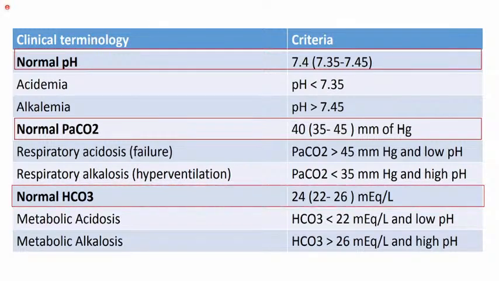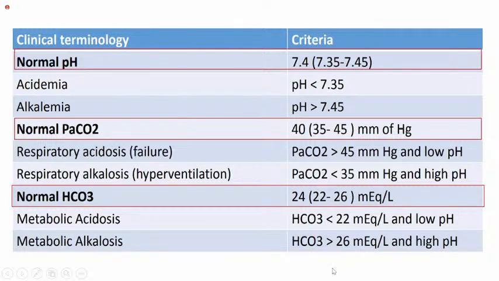Finally, we look at the normal bicarbonate. Again, this should be on your fingertips. Normal bicarbonate is between 22 and 26 milliequivalents per liter. If your bicarbonate is low, remember this is what is used to buffer your acids, so we say that now you've got a metabolic acidosis. Bicarb is low and the pH is also low.